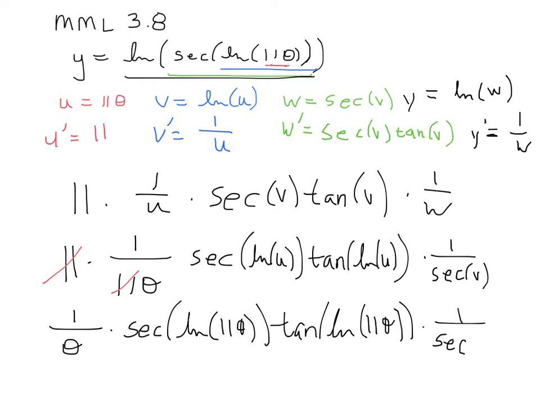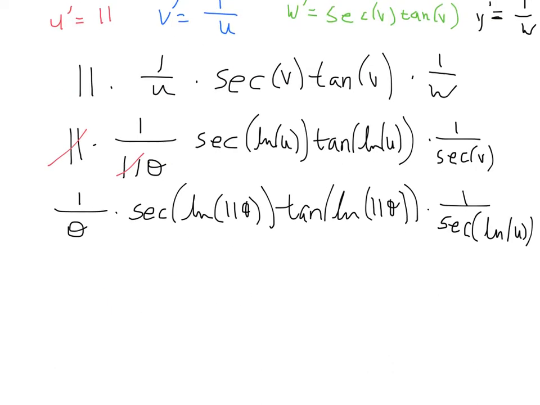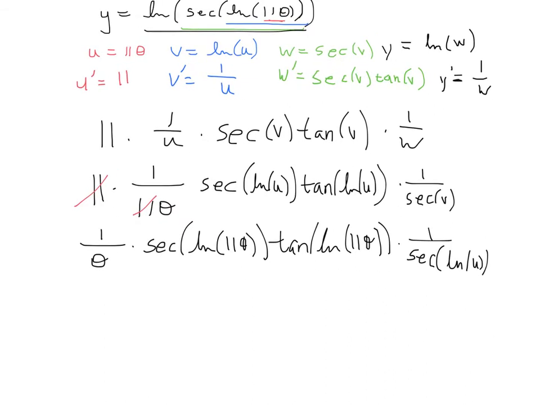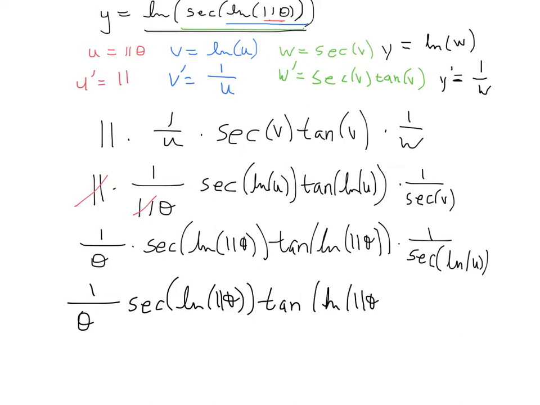And so the last piece, 1 over secant of ln of 11 theta times secant of ln of 11 theta tangent of ln of 11 theta. I get tired of writing all this.